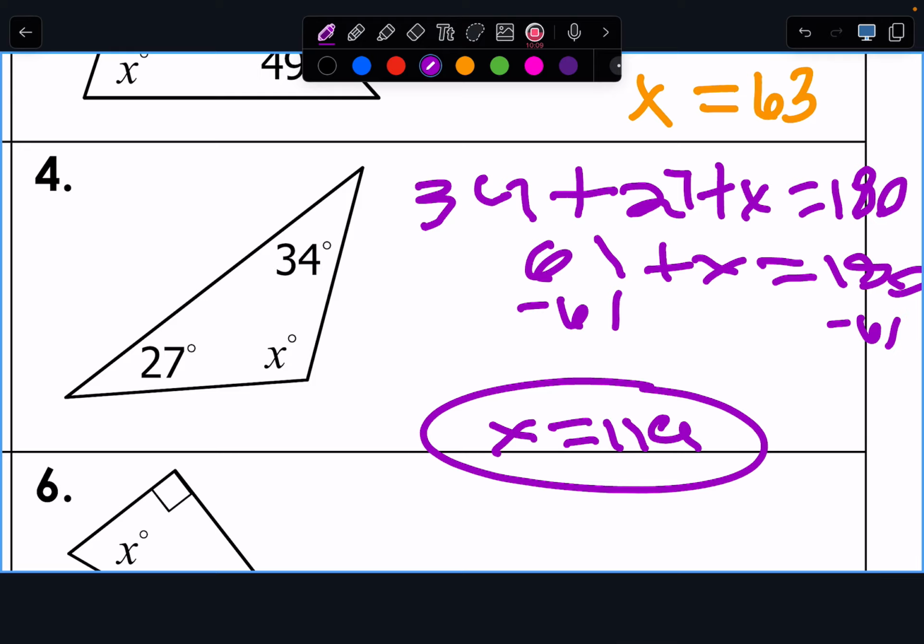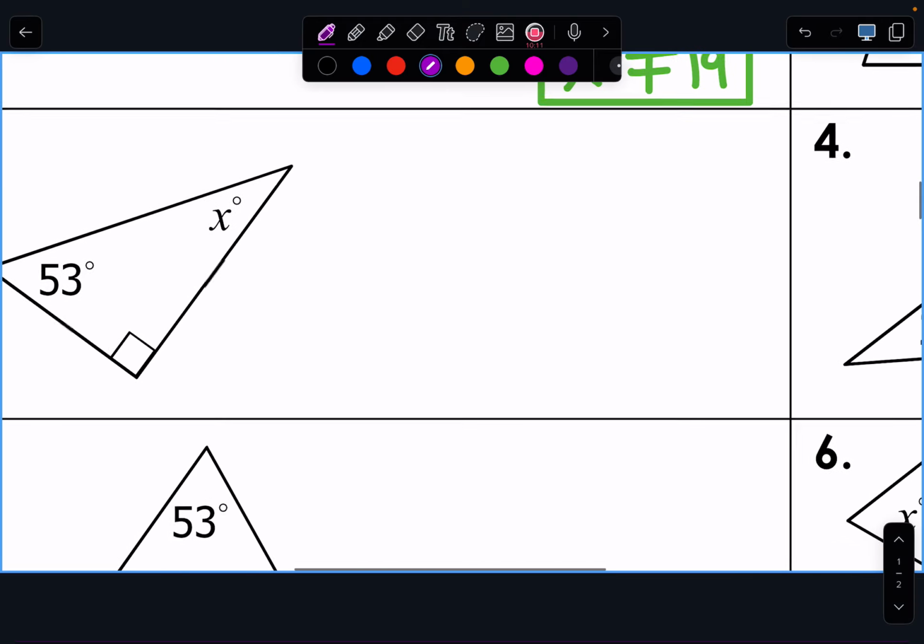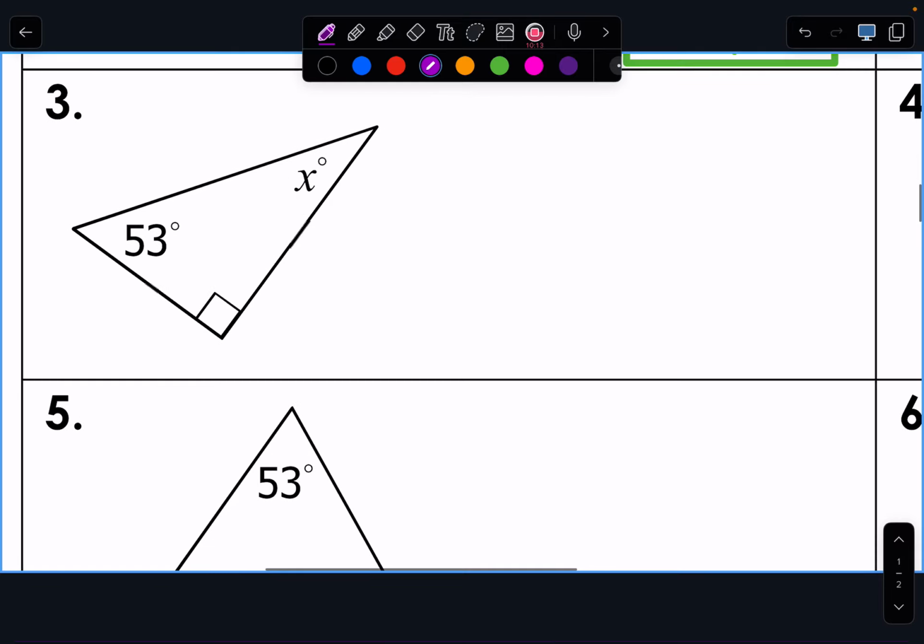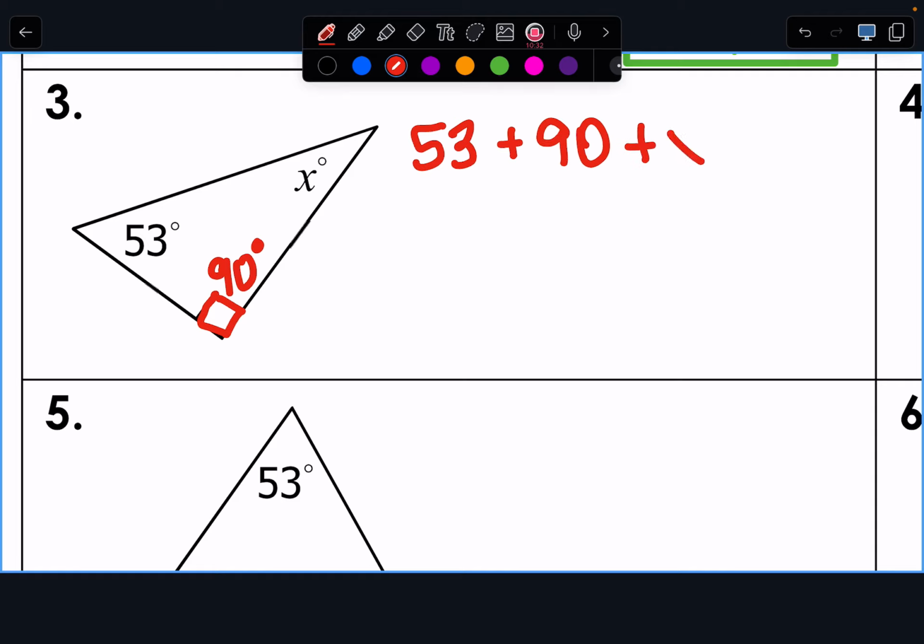Now I skipped number 3 because I wasn't quite sure you remembered what that box means. 90 degrees? Okay, anytime we see this box, we know that means it's 90 degrees. So when we set up our equation, we would have 53 plus 90 plus X equals 180. That box is just a shortcut for 90 degrees.